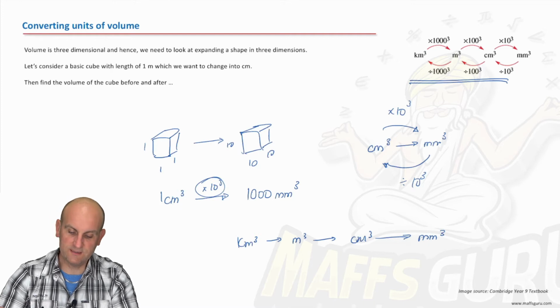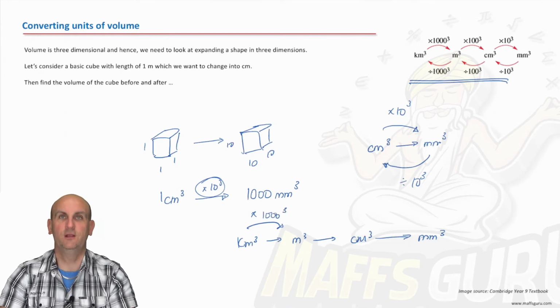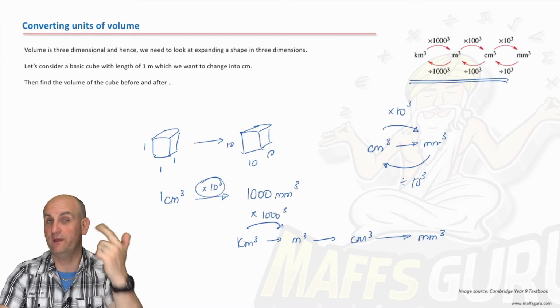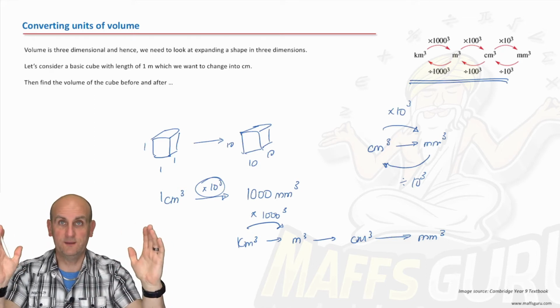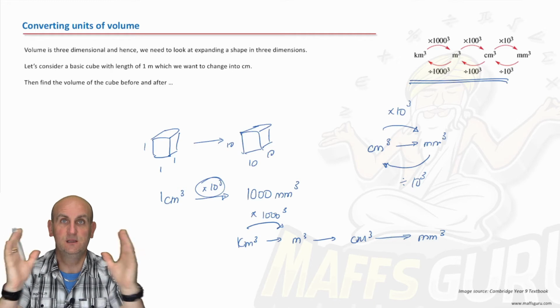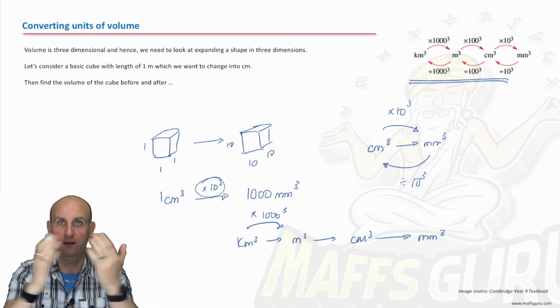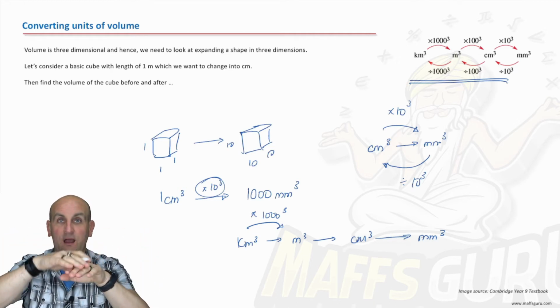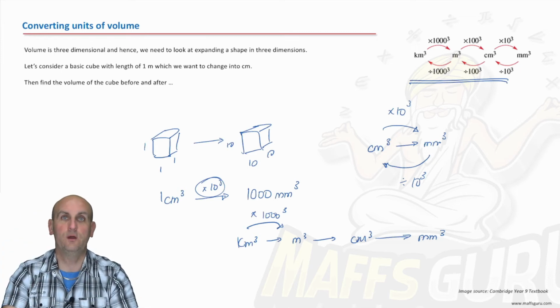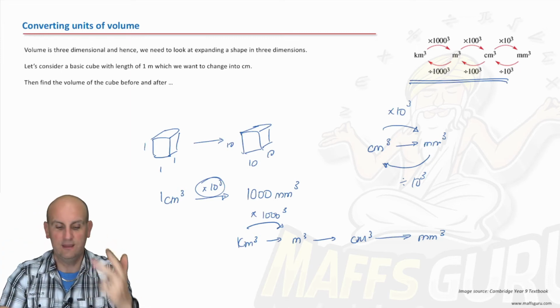So for example, if I'm going from kilometers into meters, I'm going to times by 1,000 cubed. So I'm going to times by 1,000, times by 1,000, and times by 1,000 again. Why? Because 1 kilometer is 1,000 meters. So I'm getting 1,000 times bigger that way, that way, and that way. So that's why I'm multiplying by 1,000, 1,000, and 1,000.